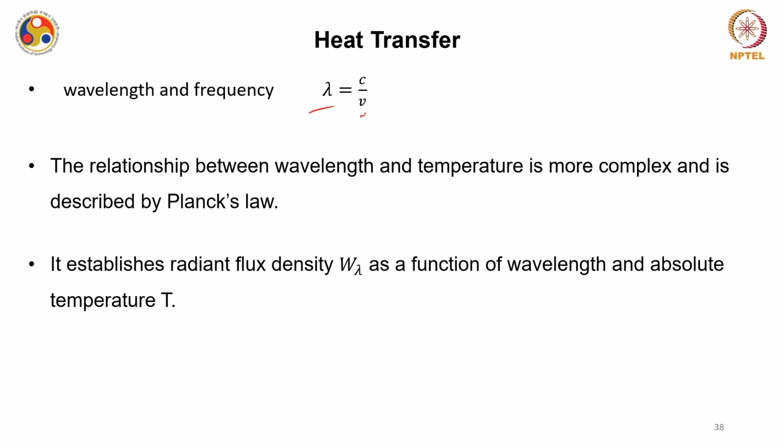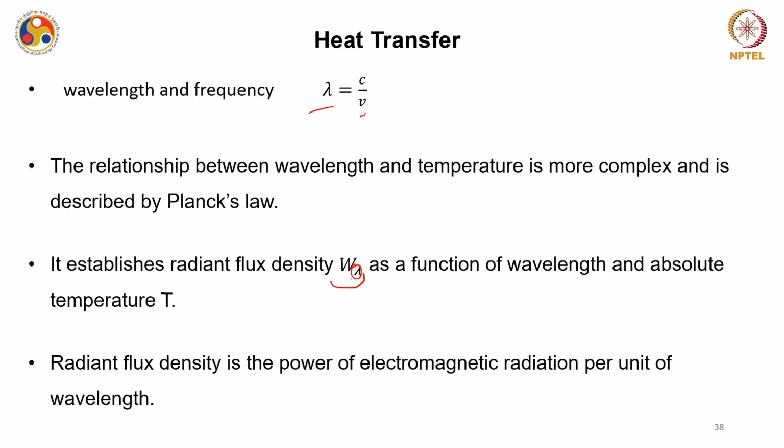It establishes radiation flux density, which I am calling W with a subscript lambda, as a function of wavelength. I am using this subscript because it is a function of wavelength. So Planck's law establishes the radiation flux density W as a function of wavelength and absolute temperature T.